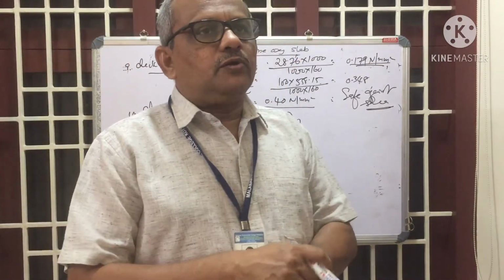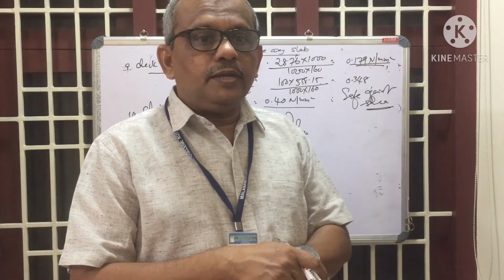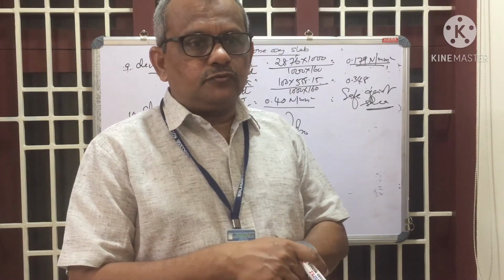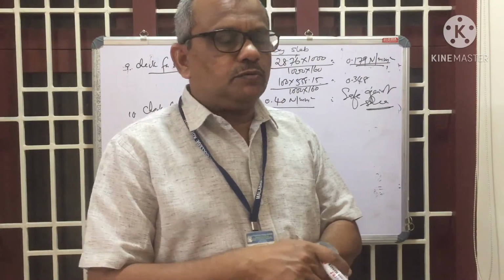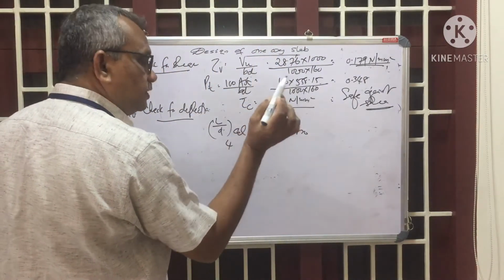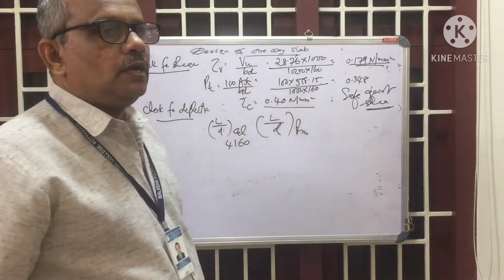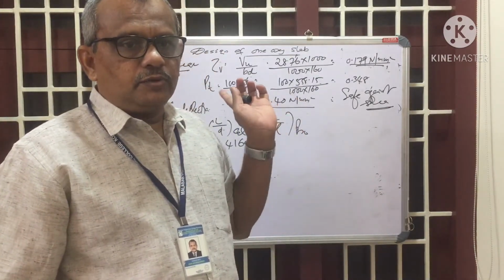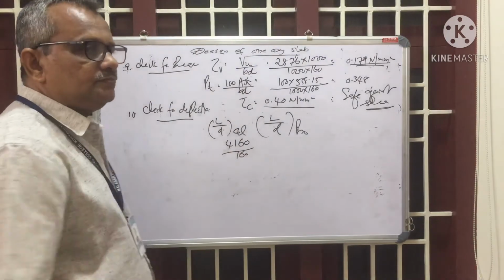L by D calculated should be less than L by D proposed. How can we calculate this L by D ratio? L is the effective span, which we already calculated, 4160 mm, divided by D, which is 160.